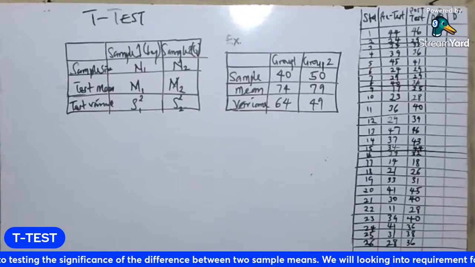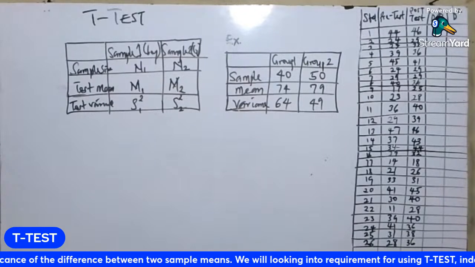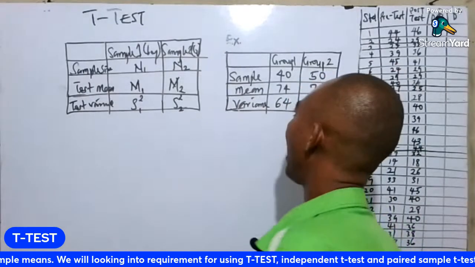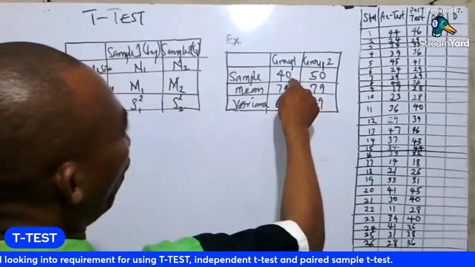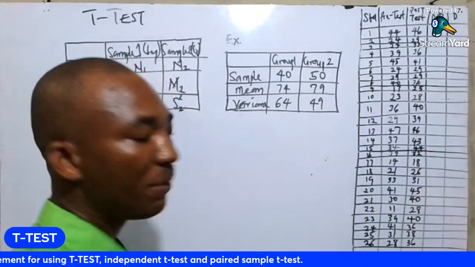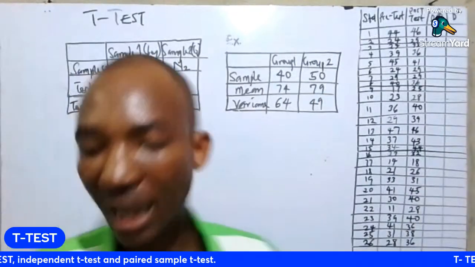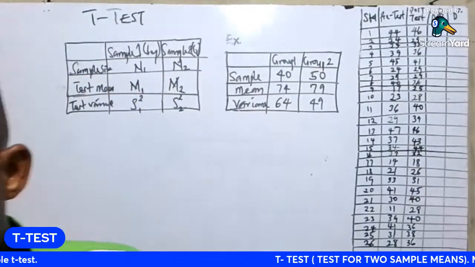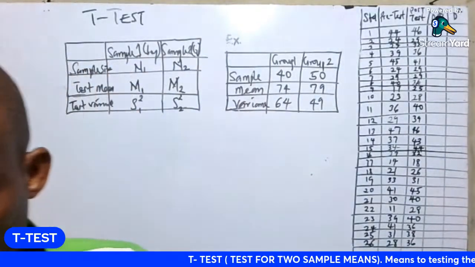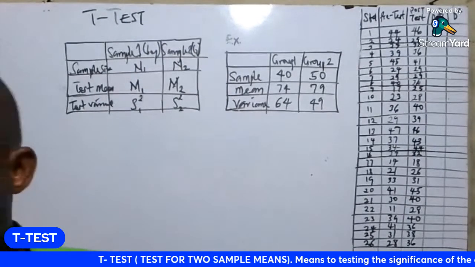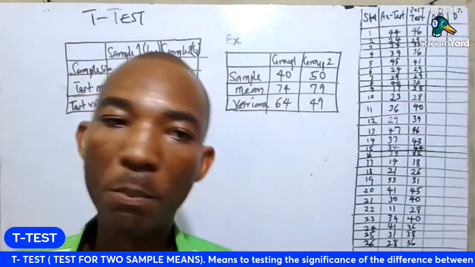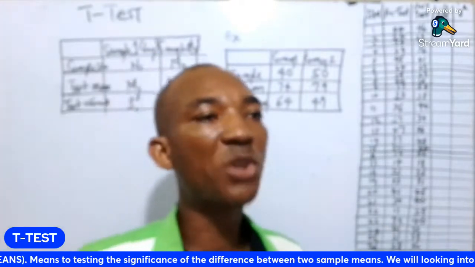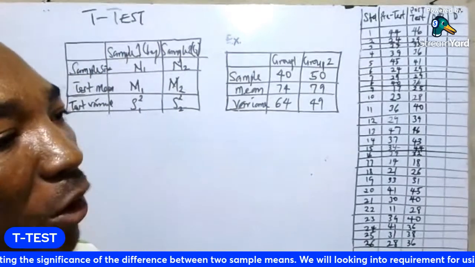If you look at this one that I have here, you will see that the sample sizes are 40 and 50, which of course means it is more than 30. The second one is that if it is lesser than 30, you make use of the first formula. I'm going to put the formula on the board for all. And like I always say, we don't need to panic, because some of these formulas are on the four-figure table.